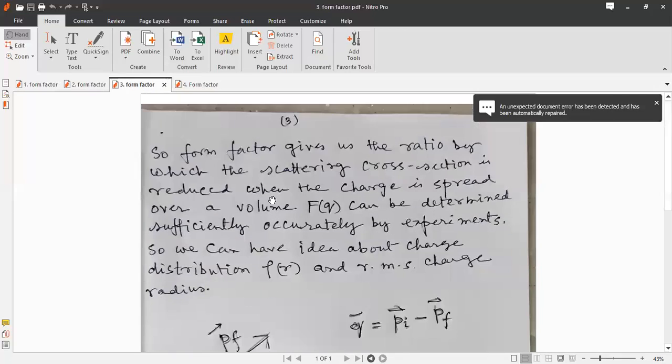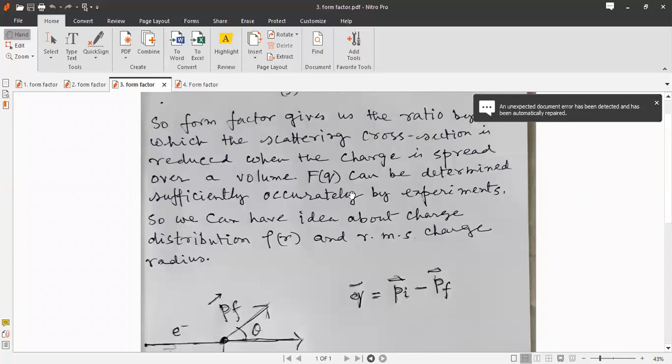So what is the definition we can come to at the end? The form factor gives us the ratio by which the scattering cross section is reduced when the charge is spread over a volume. So F(q) can be determined sufficiently accurately by experiment.